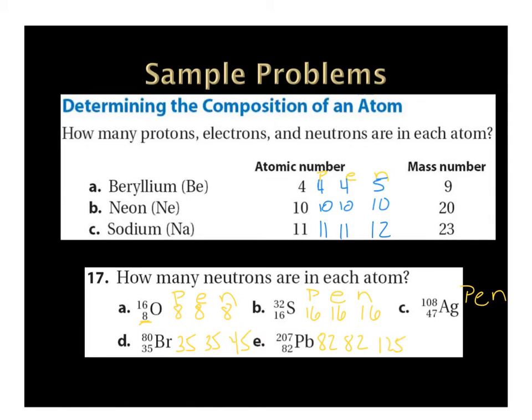Last one, for silver, we have a proton count of 47. We have 47 electrons, and then we have 108 minus 47, which gives us 61 neutrons.